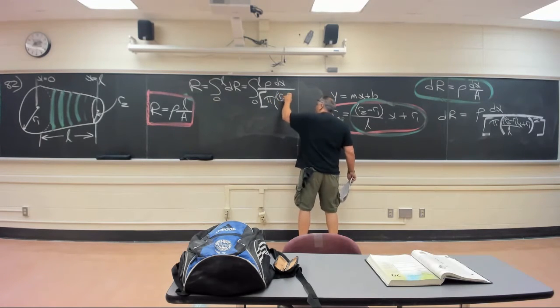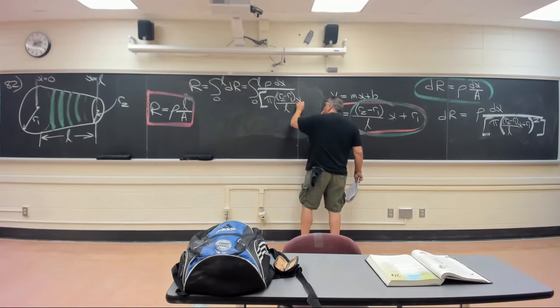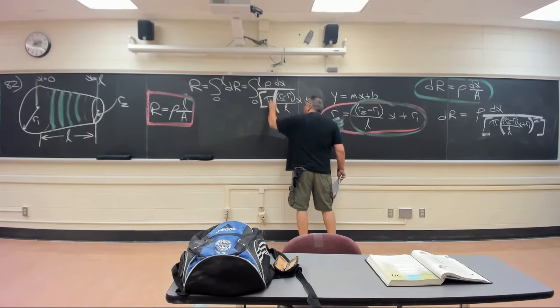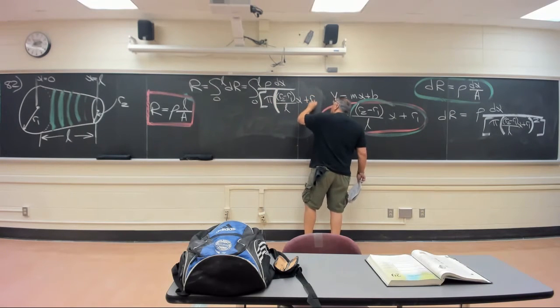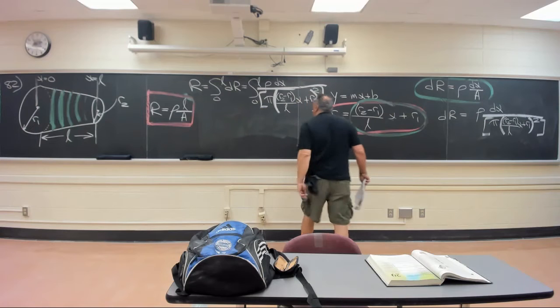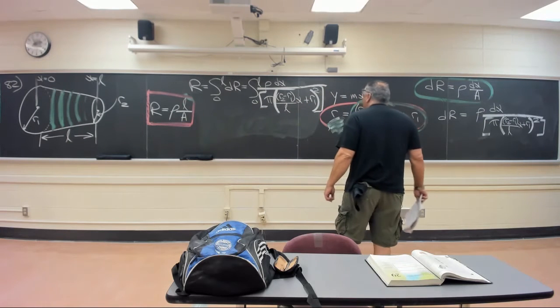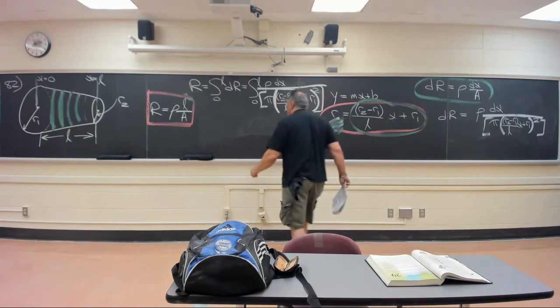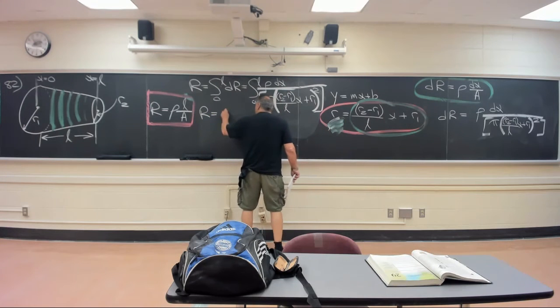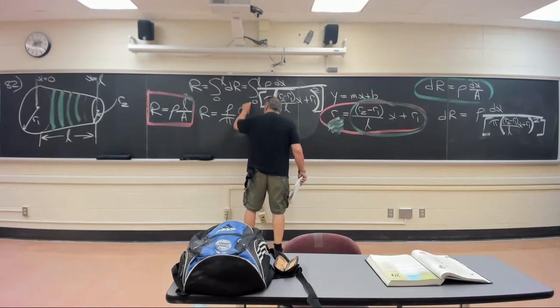R2 is the small one. Here's your slope. Here's your x. Pi gets all of this. R1's, yeah, it's going to be all that. Pull a rho out of there. Pull a pi out of there. They're constants.